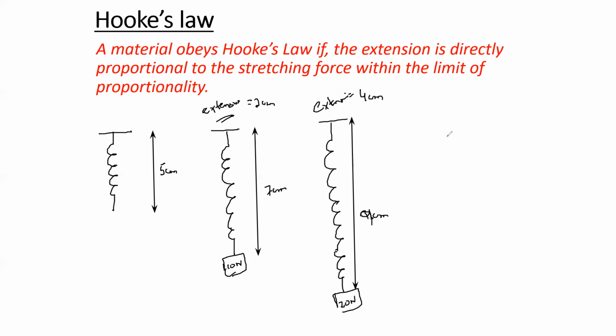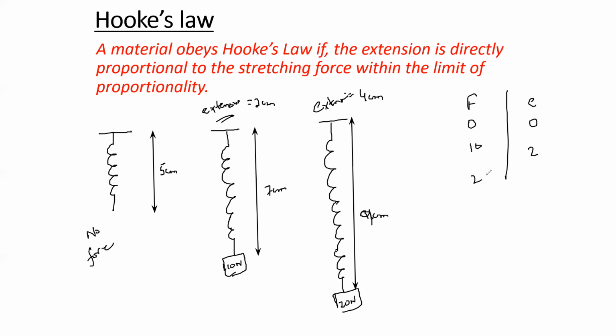So you can see here about the force and extension. When no force was there, there was no extension. In the beginning, when there is no force on the spring, there was no extension. So when force is 0, extension is 0. But when the force is 10, extension was 2.